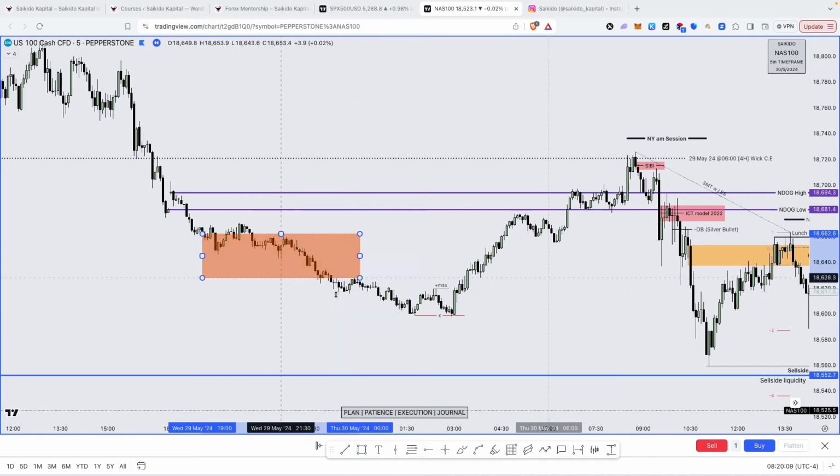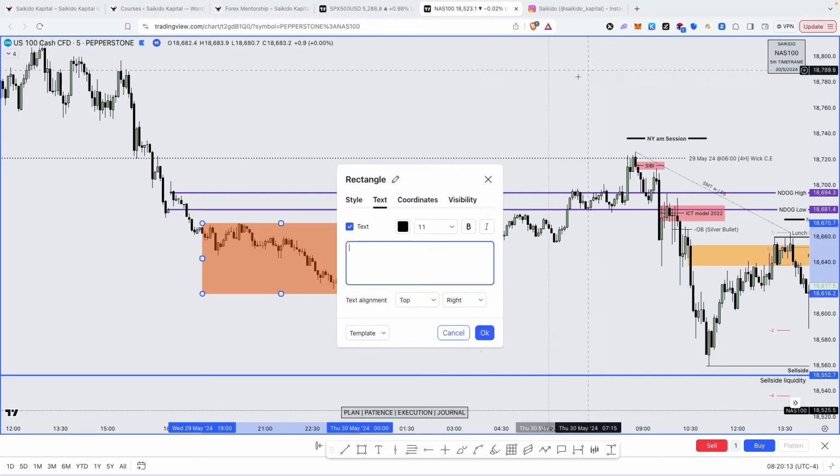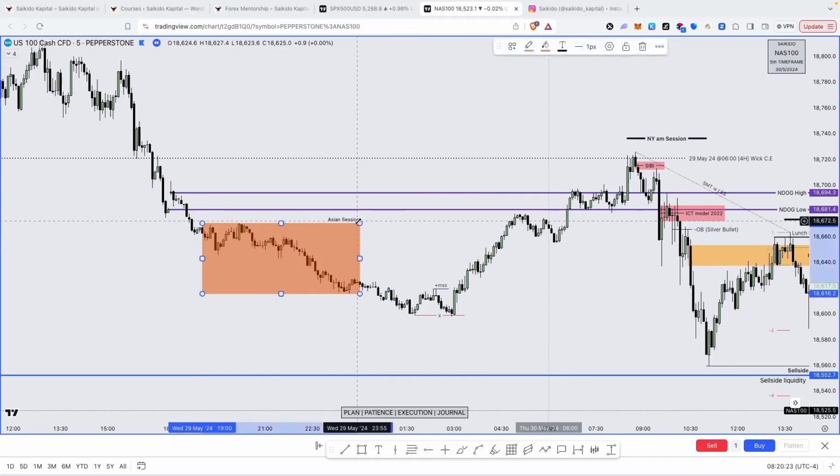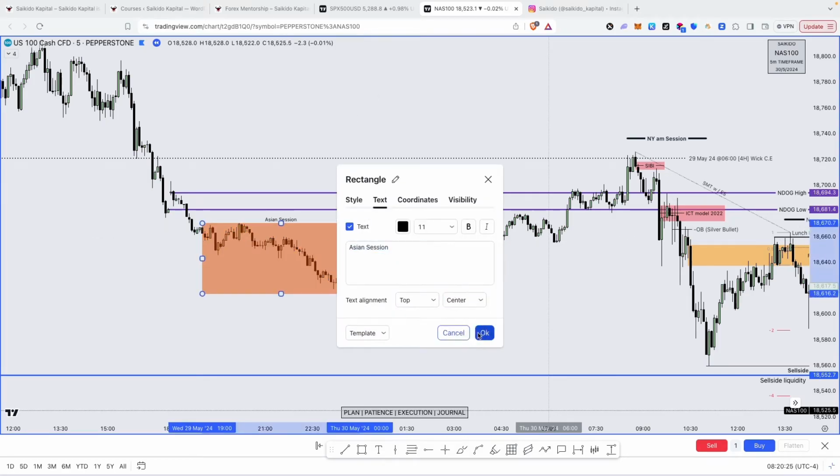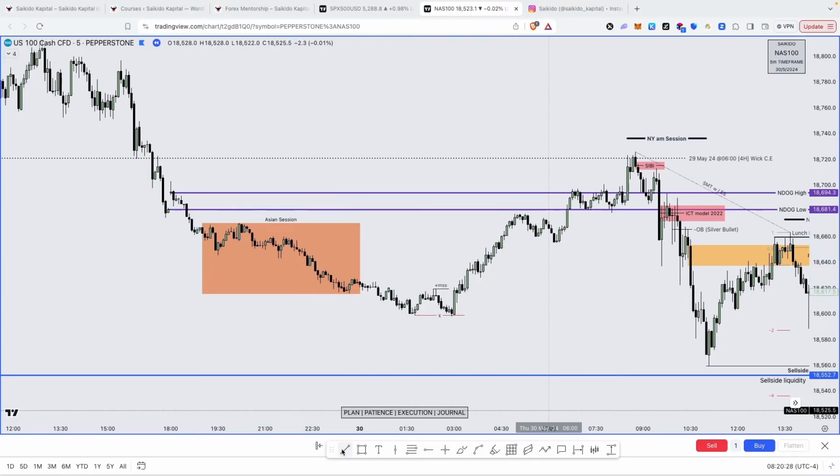So you take the lowest low and the highest high, and that's your Asian session, right? And then you want to extend those things out. Okay, the low here is the Asian low.